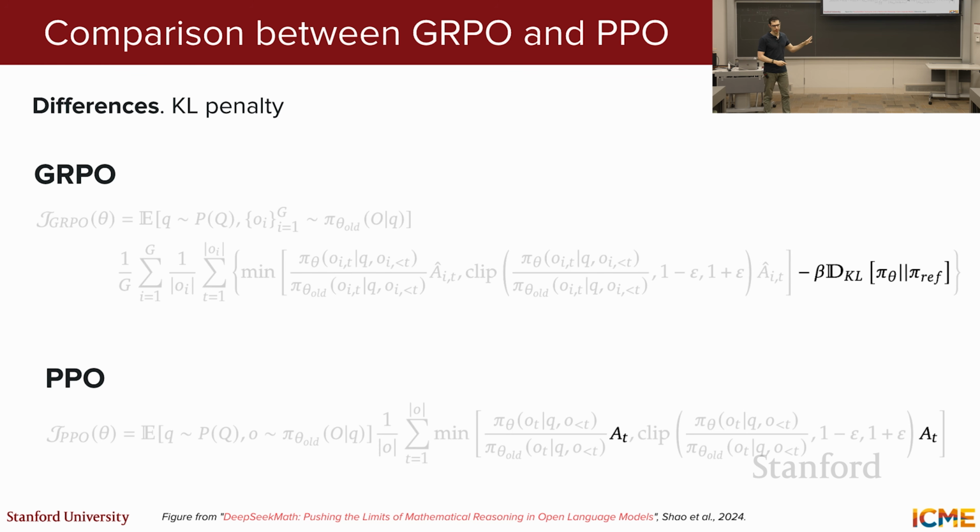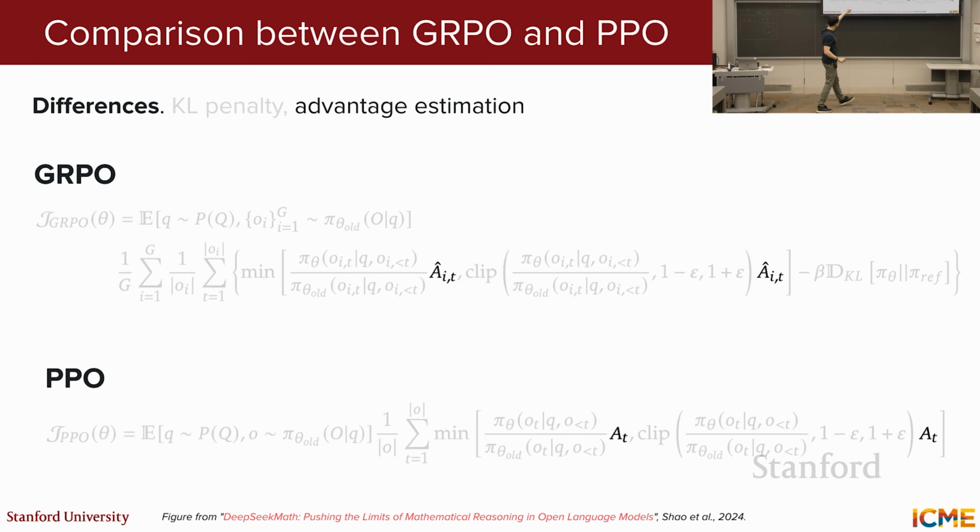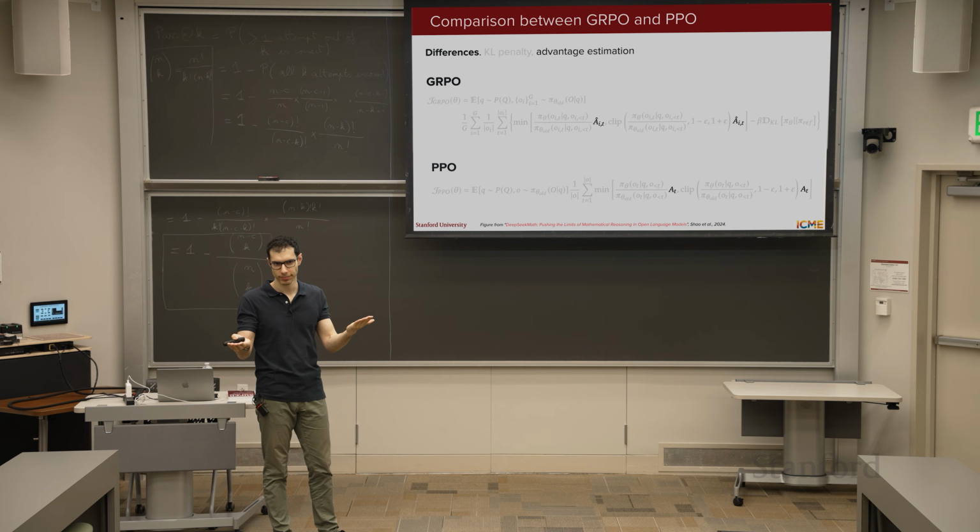So that's one difference. The second difference is the way we compute advantages. In GRPO, we compute rewards for each completion, and then we compare them with the other completions from the group. Whereas for PPO, we use the rewards and the value models.